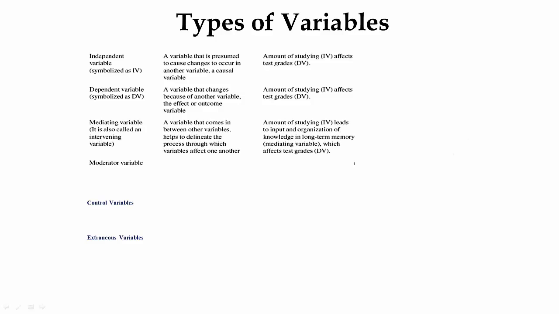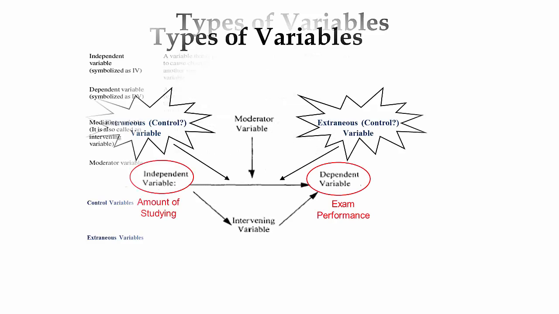So, for example, the amount of studying leads to input and organization of knowledge in long-term memory, which affects exam performance. So you'll have three variables there: amount of studying, exam performance, and then something in between, which is the organization of knowledge in long-term memory.